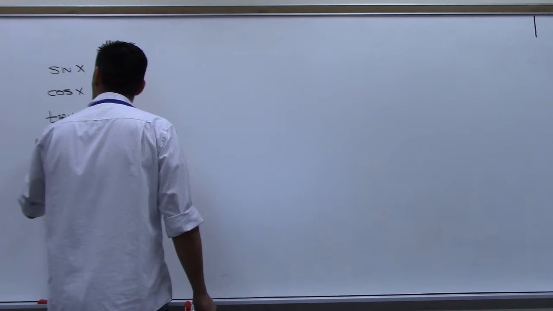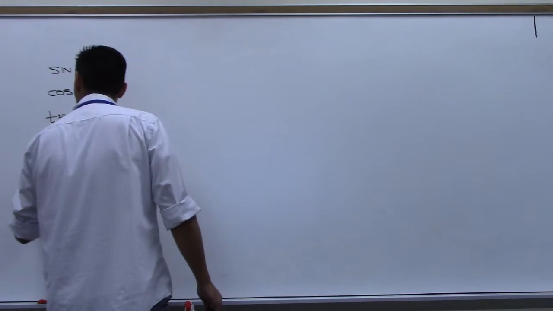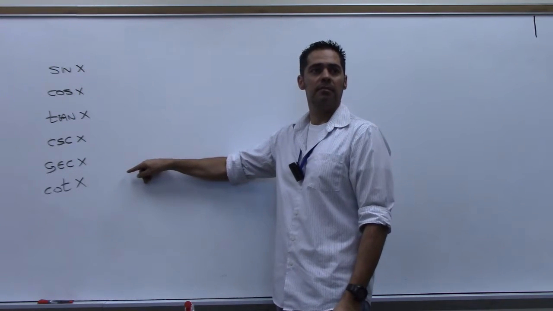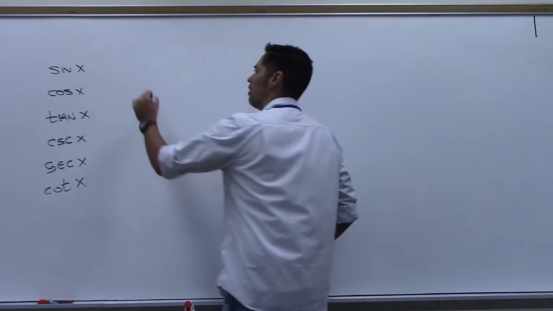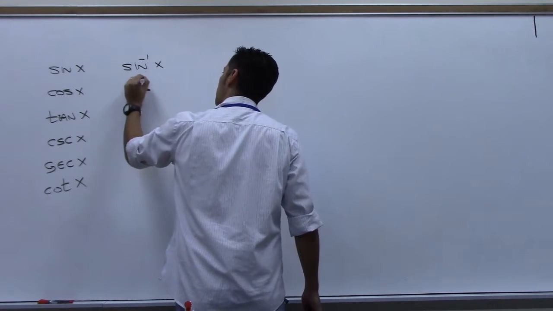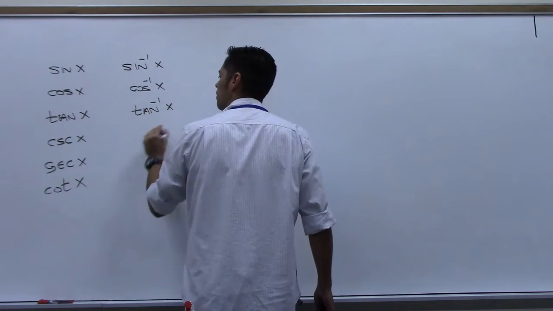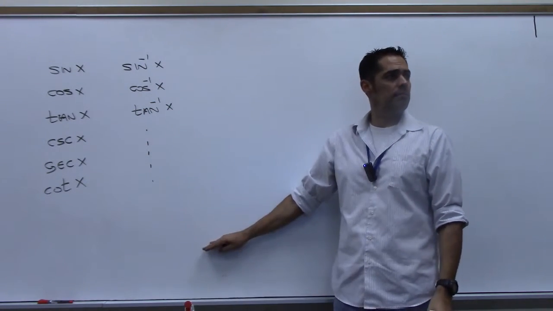We have cosecant x, secant x, cotangent x. Those are the 6 trig functions from pre-cal, right? Do we know derivatives of all those? Yes. Okay, then we have all the inverse trig functions. We did those last class, right? And then we looked at the derivatives of each of those, didn't we? Yeah?